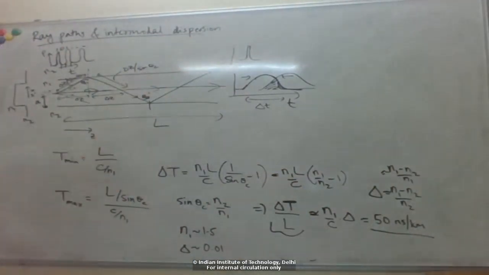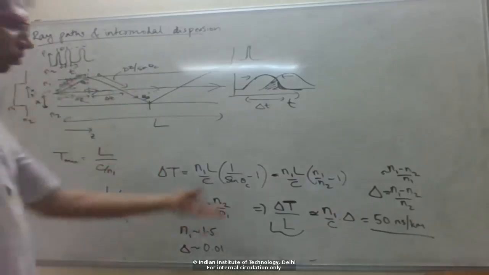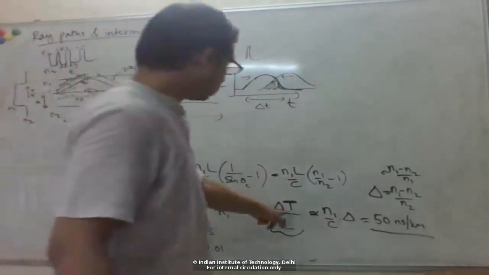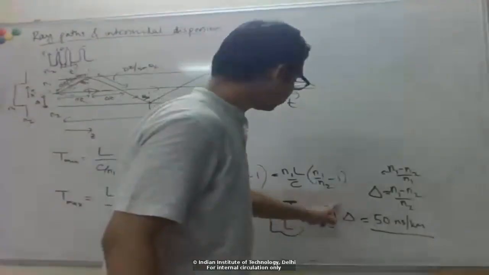Okay, so a step index multimode fiber or waveguide is the worst in terms of dispersion. The first improvement one can make is to go to what is known as graded index from step index, where the core has a constant refractive index. One other thing to note here is that there is no dependence on the size.